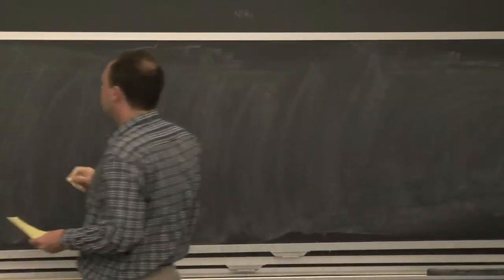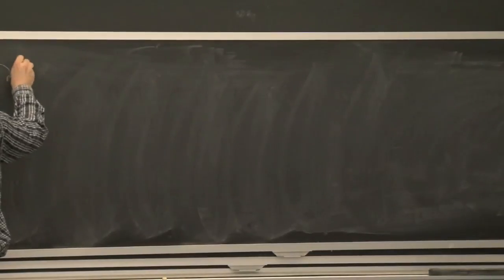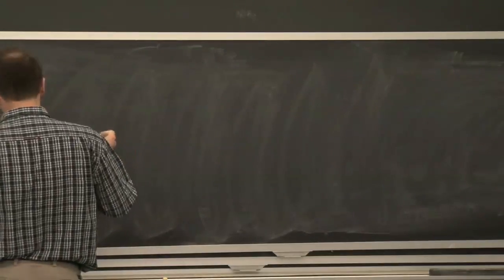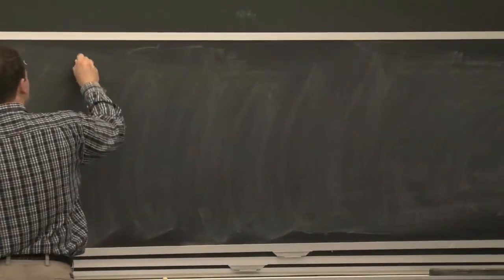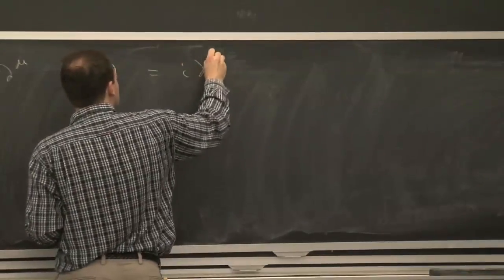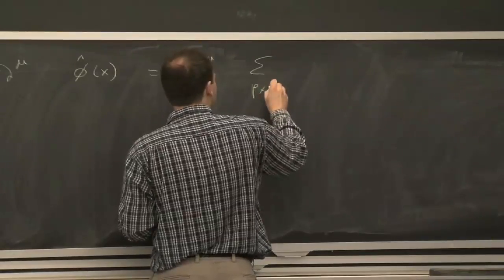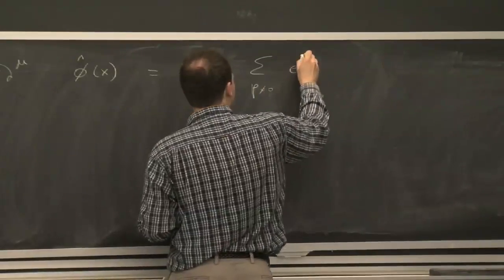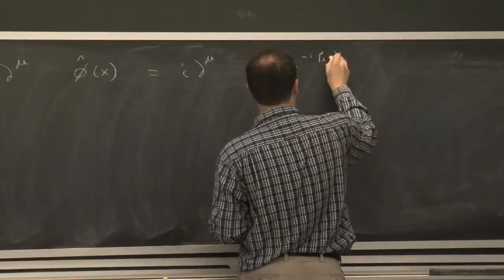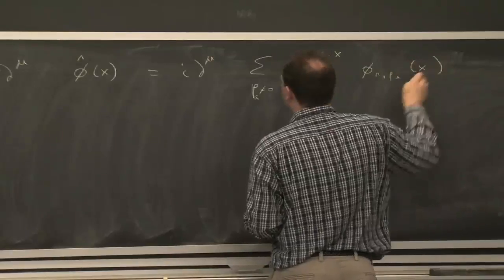All right. So if we started with some regular partial derivative acting on one of our hatted fields, and I write it out in terms of the labels, put a P_L on it, we'd have that.